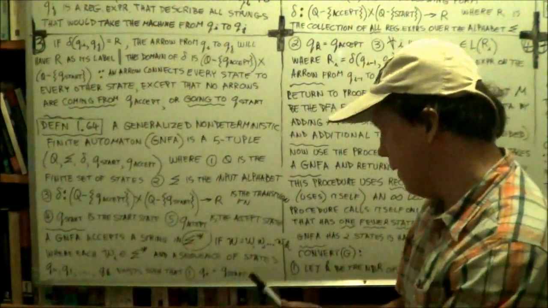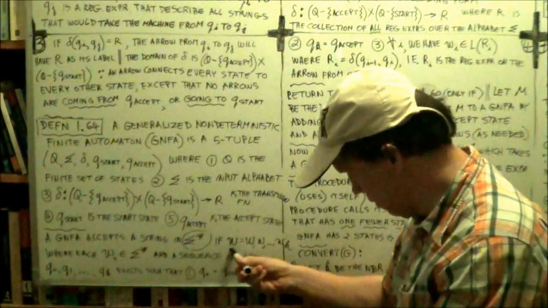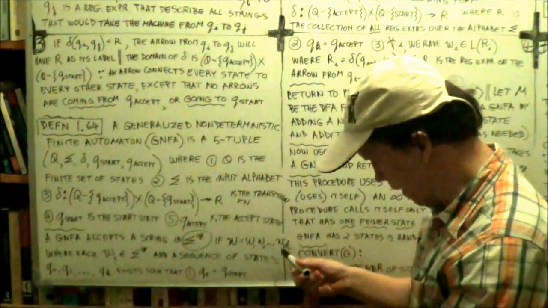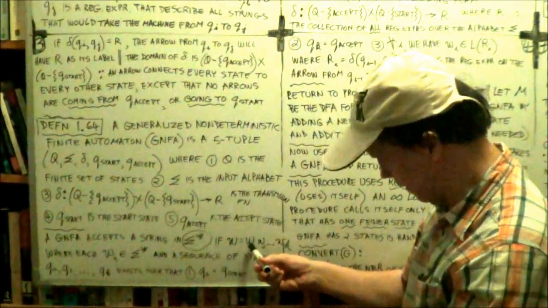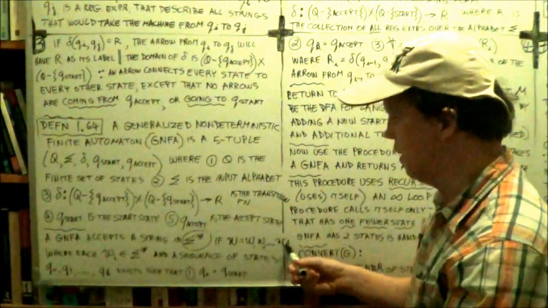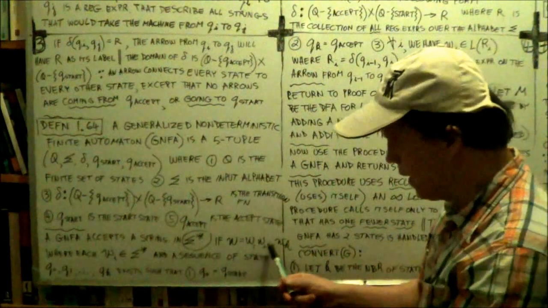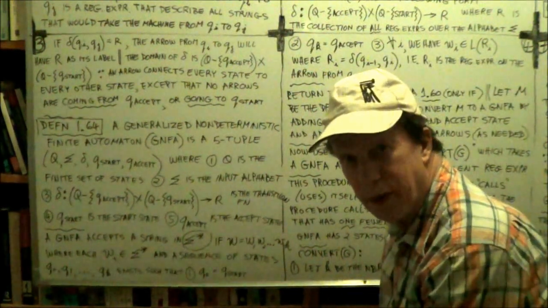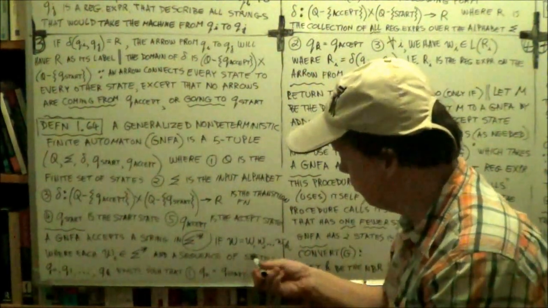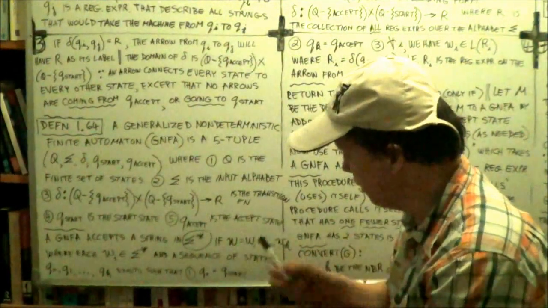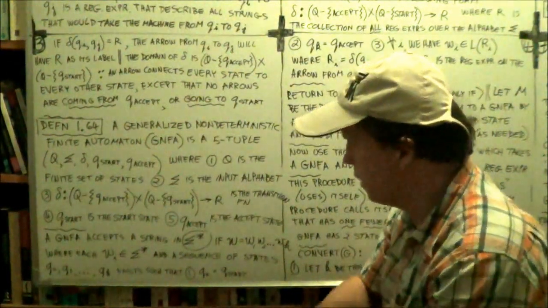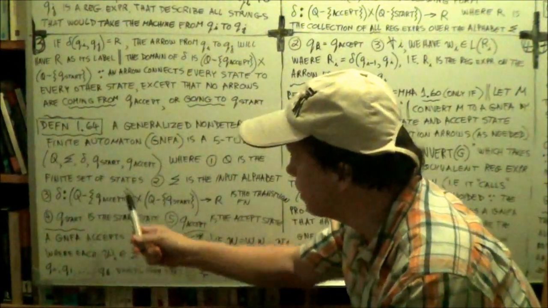All right. Okay, so here's your input string W. Now look on it as a concatenation, if you like, of little k substrings. You'll read the first one, and you're in your start state.